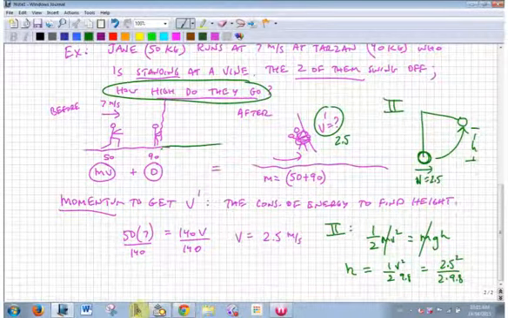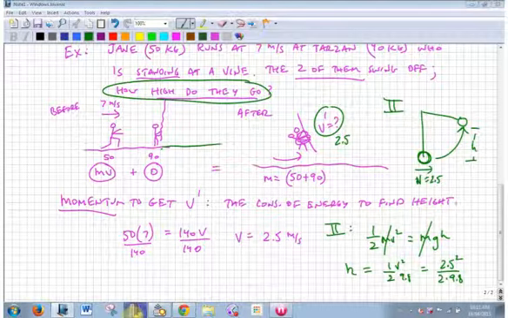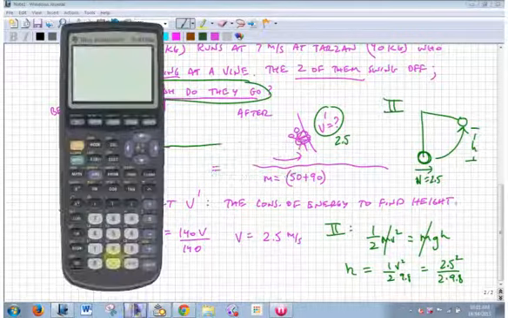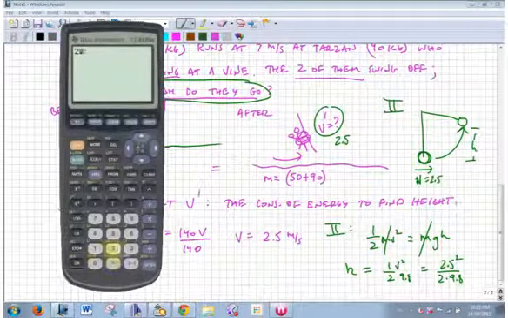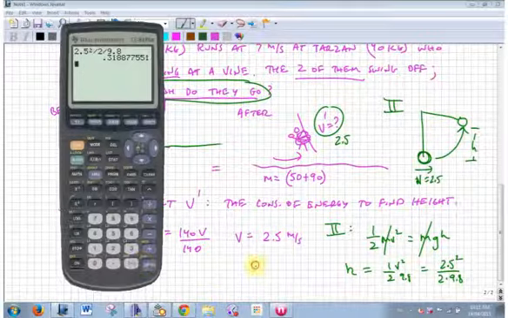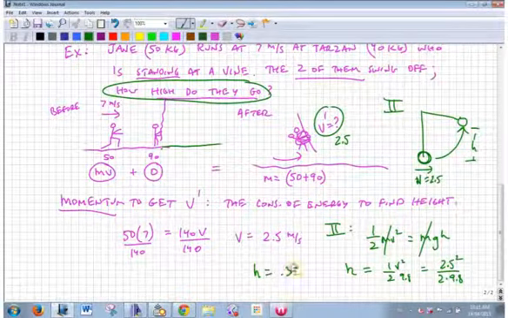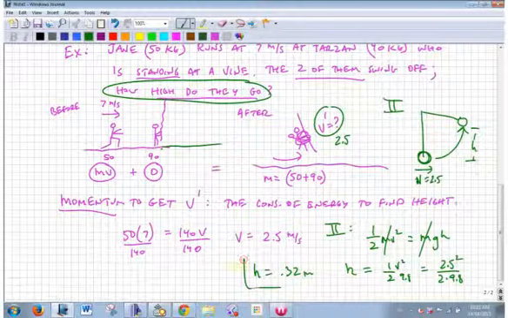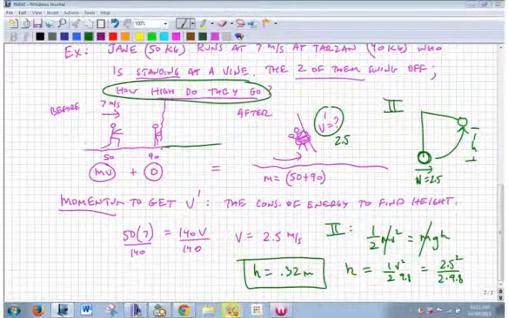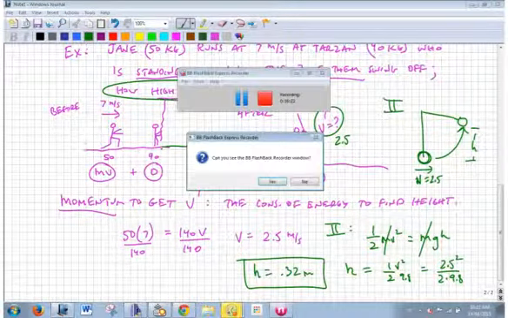So, what did I get? 2.5 squared divided by 2, just like divided by 9.8. Let me get a number. 0.32. What is a unit? Meters. Let me stop this and I'll ask you a question.